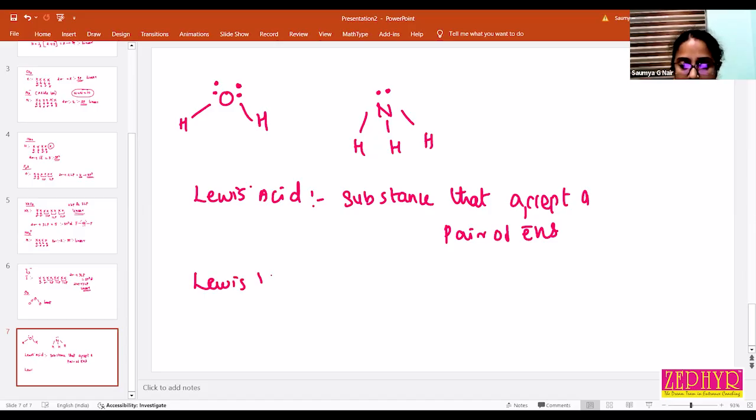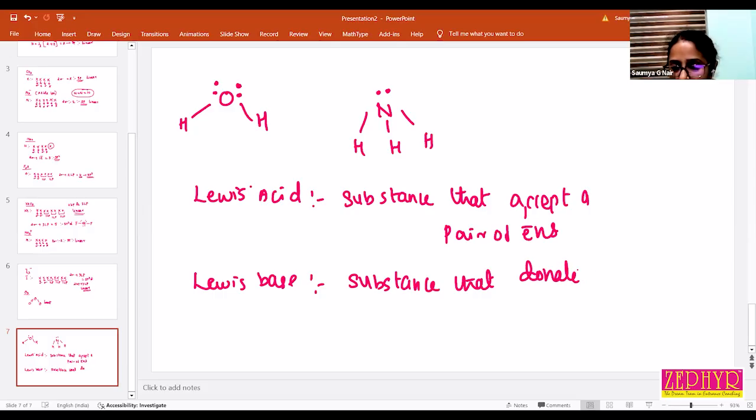What is a Lewis base? A substance that donates a pair of electrons. It is electron rich, an electron rich molecule. That is why it donates a pair of electrons. Water and ammonia are electron rich.